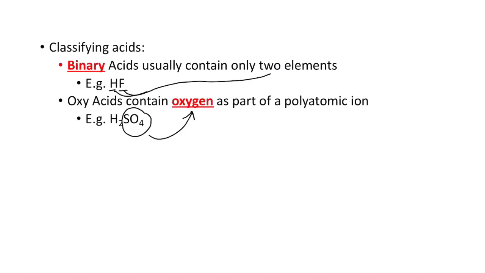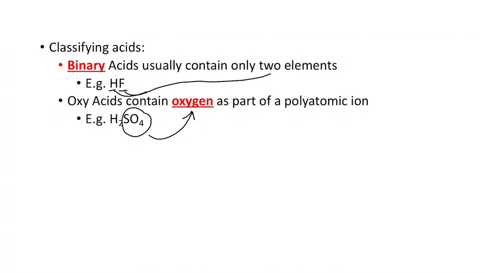Okay, so we're going to move on to classifying acids. There are two types of acids, binary acids and oxy acids. Binary acids contain only two elements. For example, HF is hydrofluoric acid. Oxy acids contain oxygen as part of a polyatomic ion.